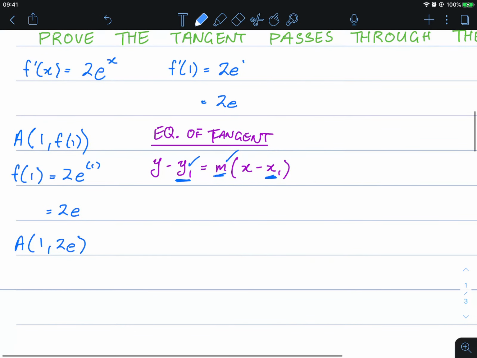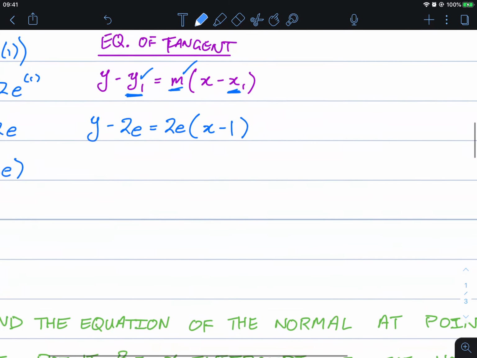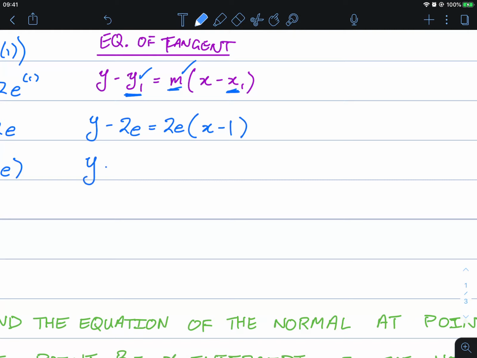Substituting all our values, it's going to be y minus y1, that's 2e, equals the gradient 2e, times x minus x1, and x1 is just 1. Expanding this becomes y minus 2e equals 2e times x minus 2e.